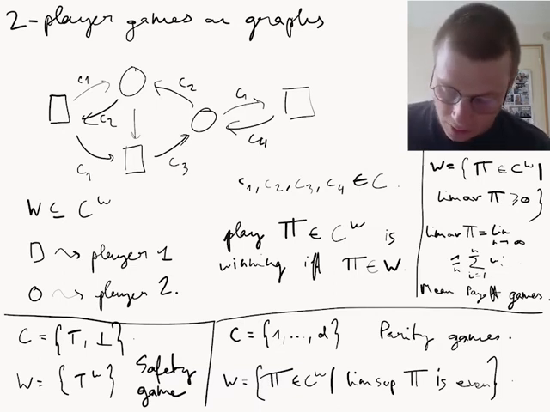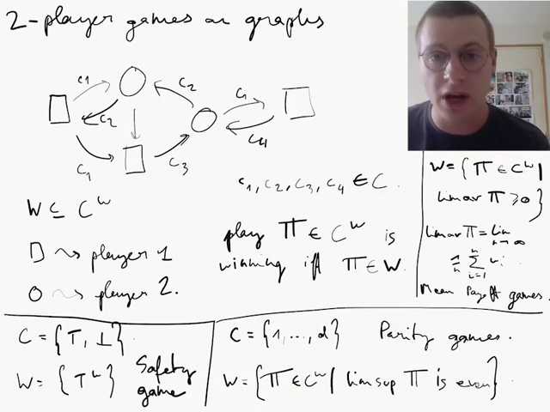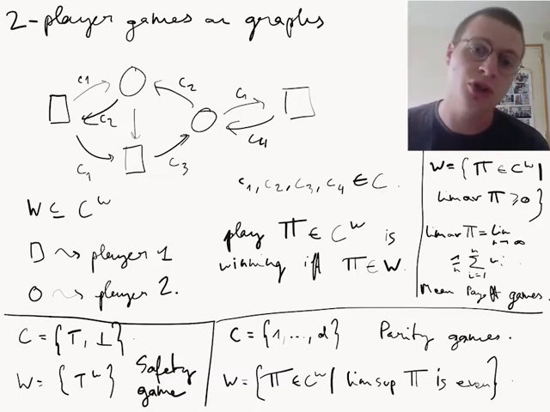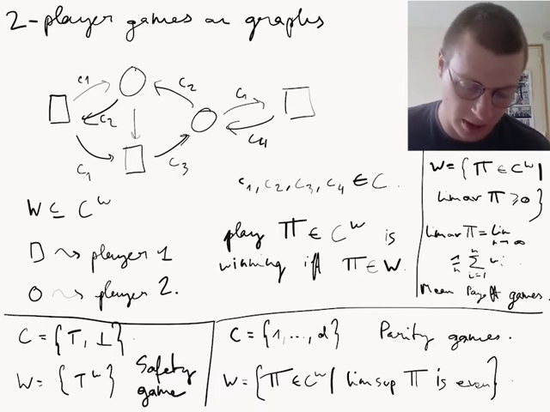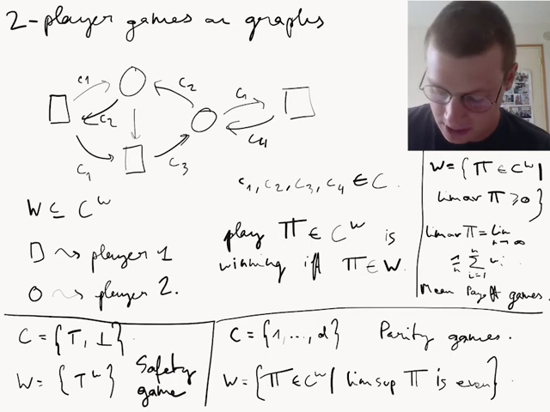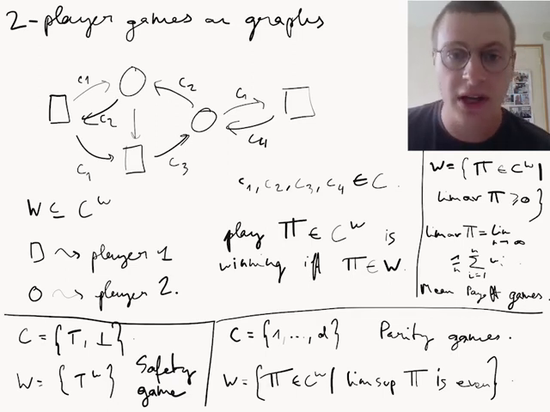Now I'm going to describe a tool called universal graphs, which was introduced by Fijalkow in 2019 and was mainly used to efficiently solve parity games. Our purpose is to see how this can also apply to mean payoff games.